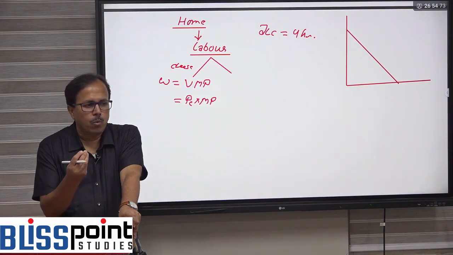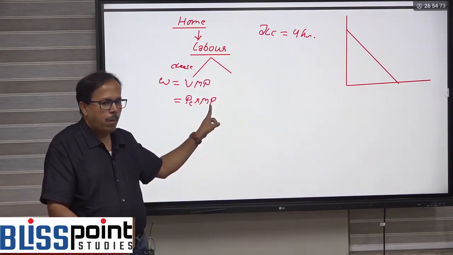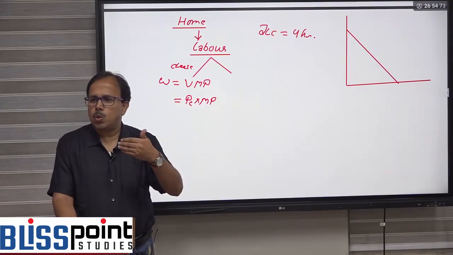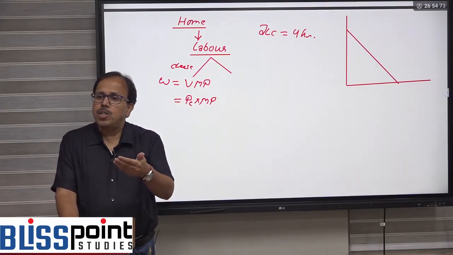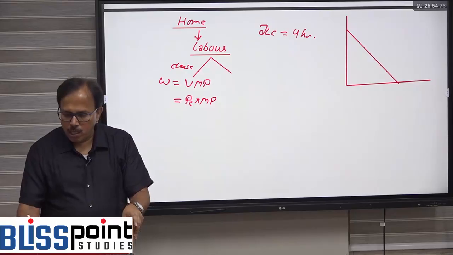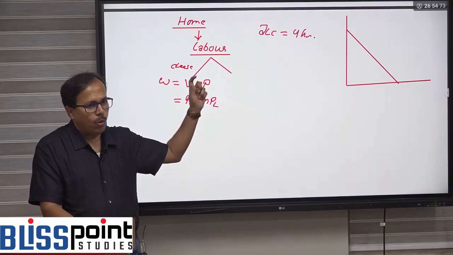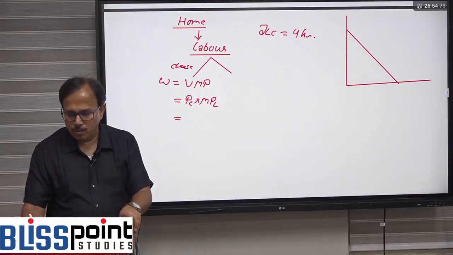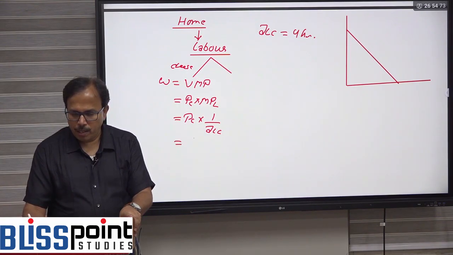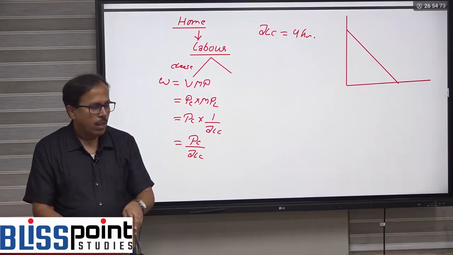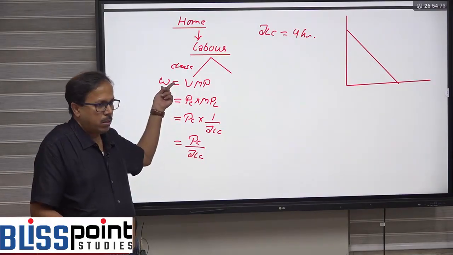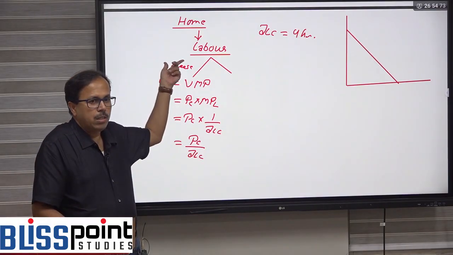And whatever you produce in 1 hour is called marginal product. Marginal product is the addition to total product due to 1 additional unit of labor. So marginal product of labor is not ALC, it is 1 upon ALC. So you can write price of cheese into 1 upon ALC. So it is simply price of cheese upon ALC. This PC upon ALC is what? Wage in cheese.